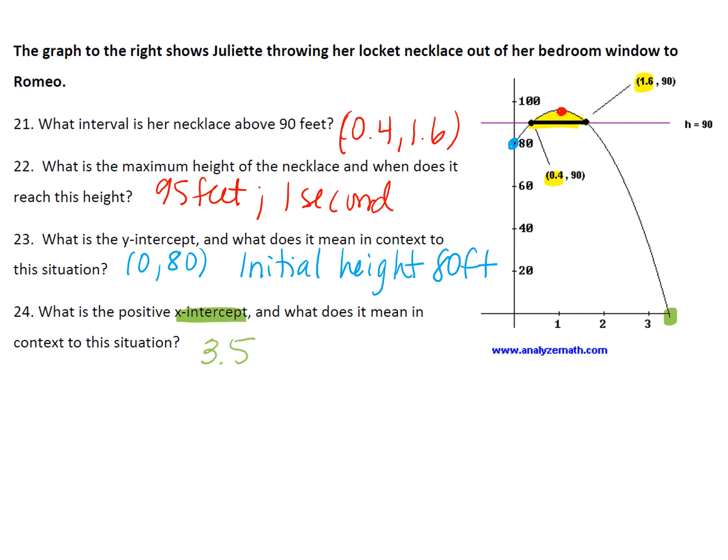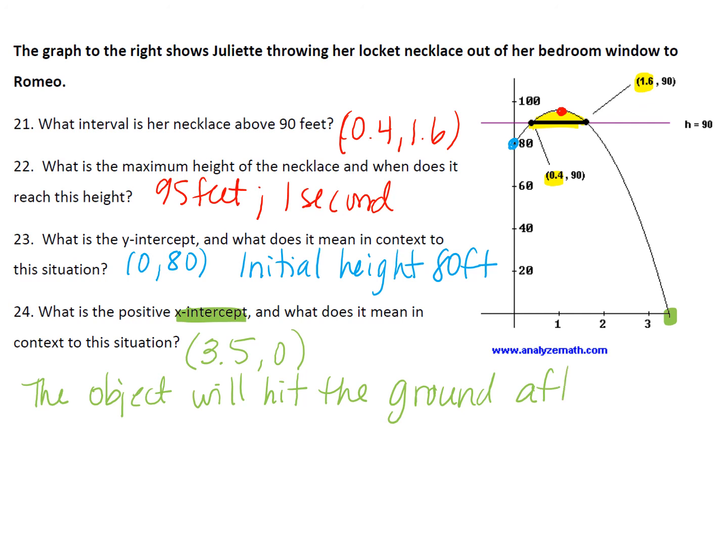Because it is an x-intercept, I'm going to write it as an ordered pair, so 3.5 comma 0. And as far as the meaning, that means the object will hit the ground after 3.5 seconds. And again, this time she was throwing her necklace out the window.